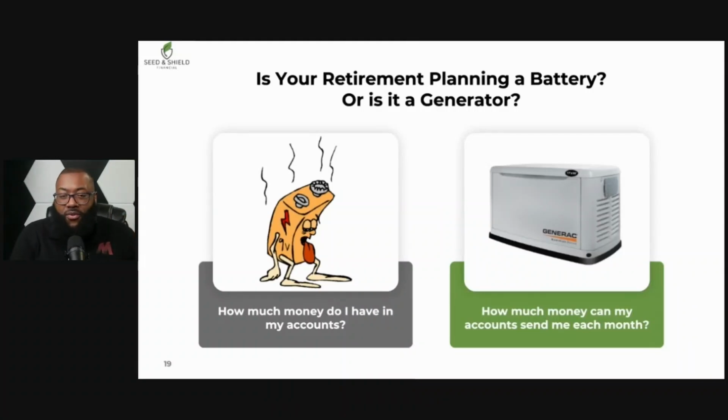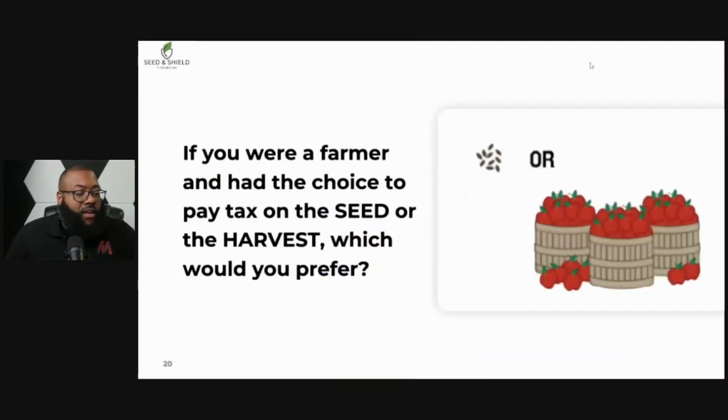And what do you have to do? You have to replace it. A generator is completely different. It's making sure that when you have those spurts of no power, you stay whole. And I love my generator. I got a Generac. I absolutely love it, right? So that's the way you've got to look at it.